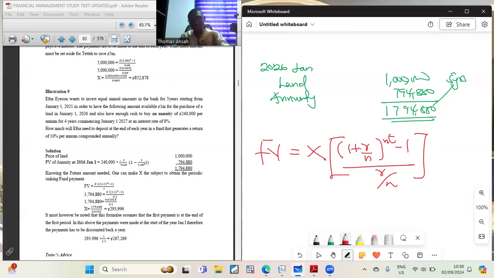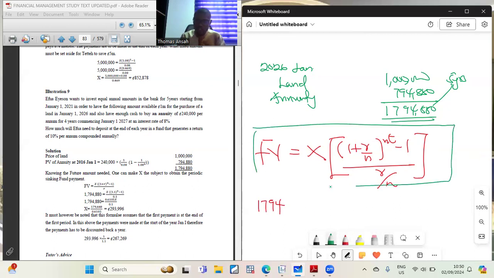I didn't mean it's at the beginning. We would have added another one. So now we know our future value is 1,794,880. And we told you that if it is ordinary, then the value you are going to have is at the end of year 5.